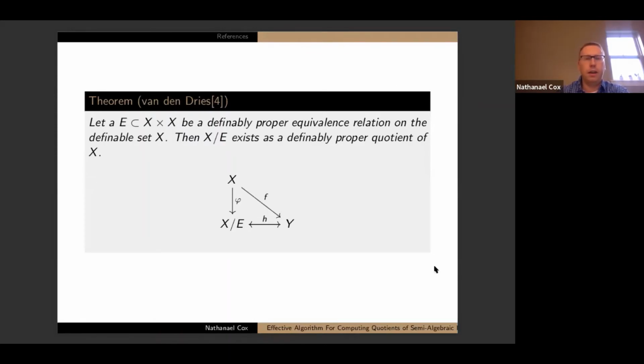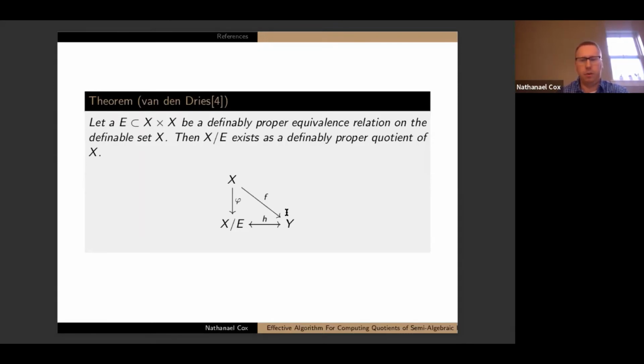If E, a subset of the product space X times X, is a definably proper equivalence relation on a definable set X, where an equivalence relation is proper if the projection from E into X is a proper map in the traditional sense, then the quotient X mod E exists as a definably proper quotient of X. And so X mod E is homeomorphic to some definable set Y. If you're not as familiar with definability, you can replace it with semi-algebraic sets.